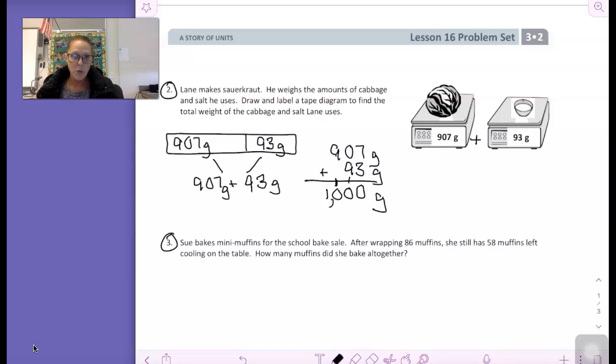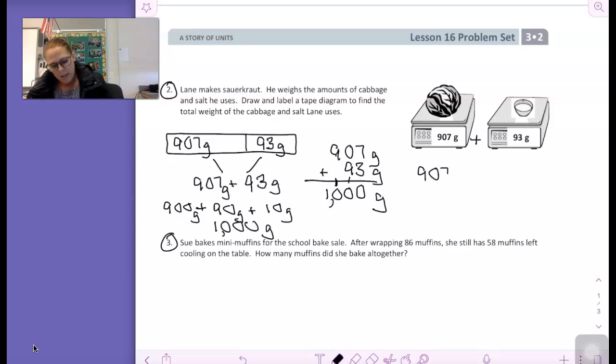You could do it this way. I like to do it this way for mental math. 900 plus 90, adding each place value, plus 10. 90 plus 10 is 100, 900 plus 100 is 1,000. So you could do it that way. You could also do it this way, 907 grams plus 93 grams.